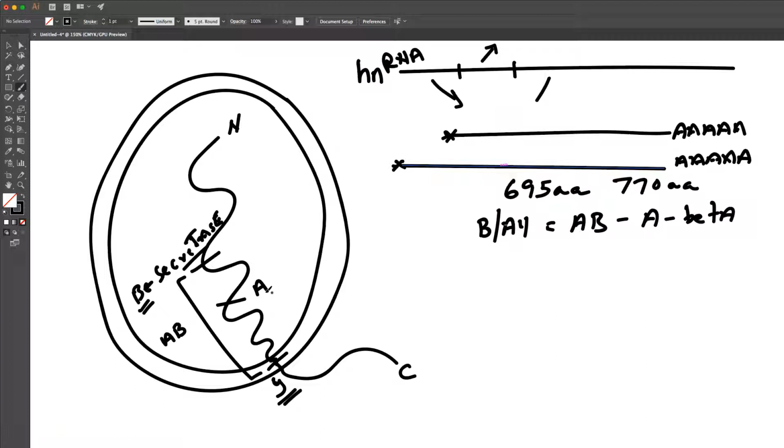And if there's some way that we could drive all of the cleavage to the alpha secretase pathway, then we could possibly alleviate Alzheimer's disease. So there's a big focus on these two metabolic pathways and what controls them. And there's also a lot of interest in where this proteolytic process actually happens.